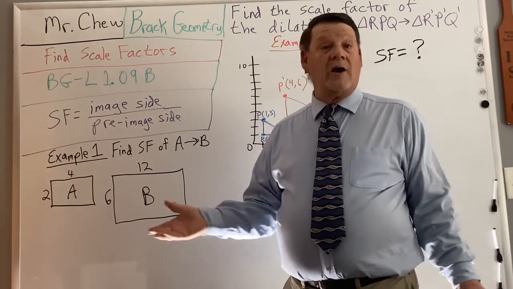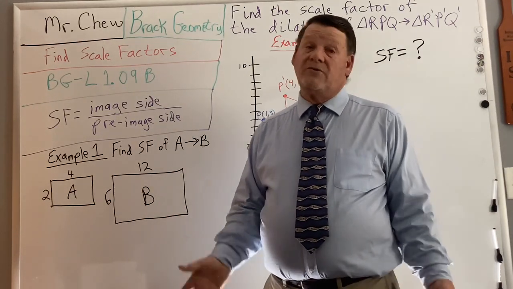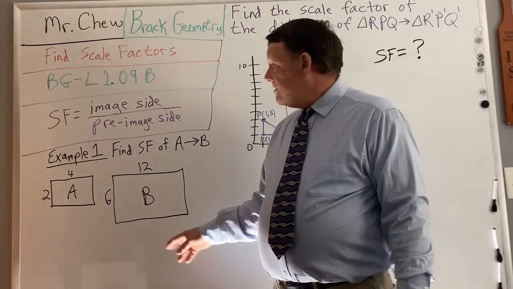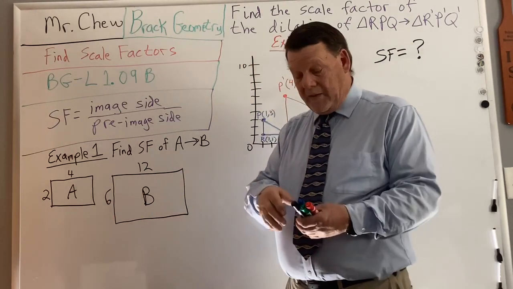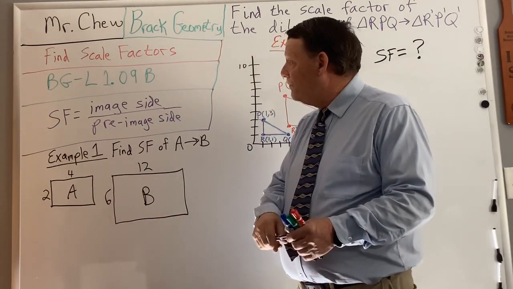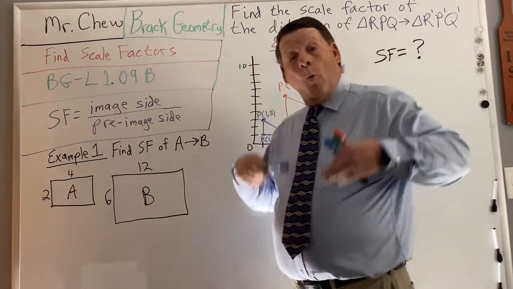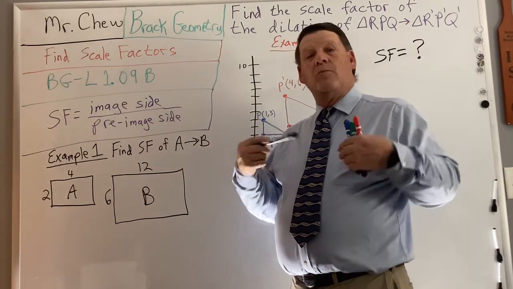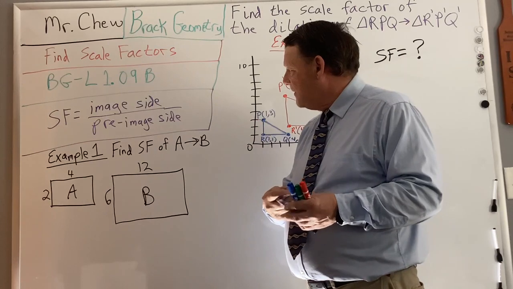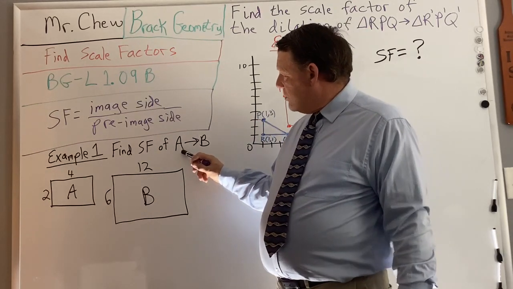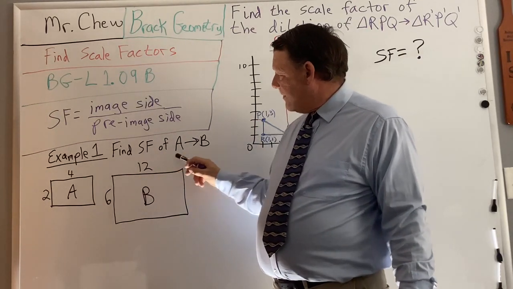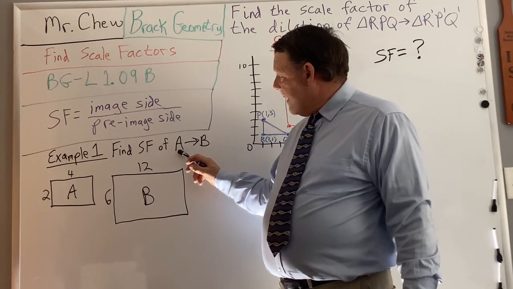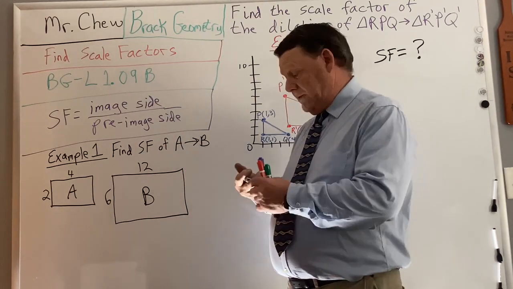If it starts out a triangle, it remains a triangle. If it starts out a circle, it remains a circle. In this case, if it starts out a rectangle, it remains a rectangle in example 1. But you need to know which is your image and which is your pre-image. Well, your pre-image is where you start. And this says, find the scale factor from A to B. That means A is what we're starting with.